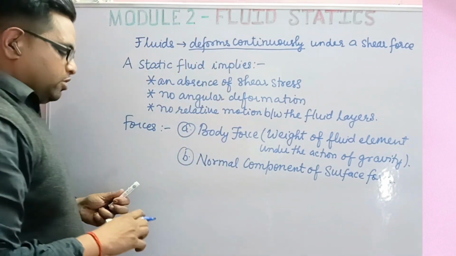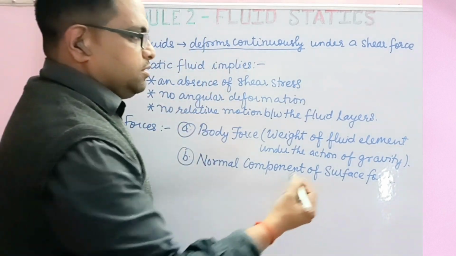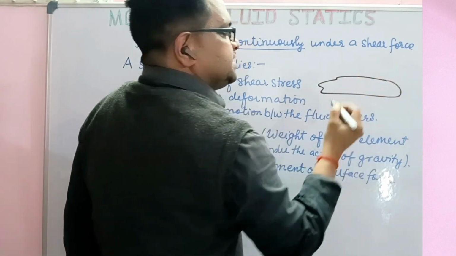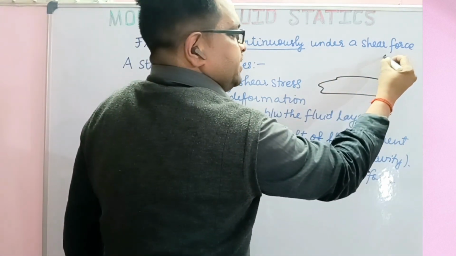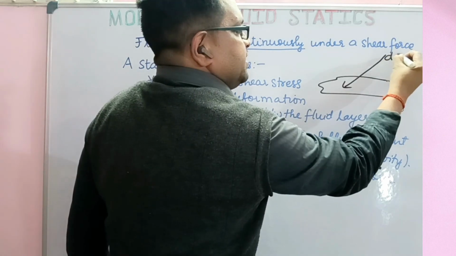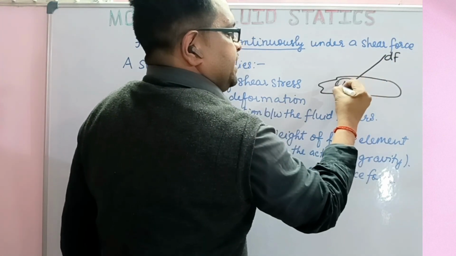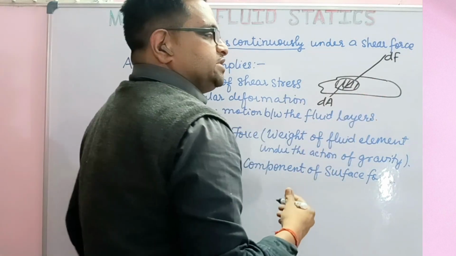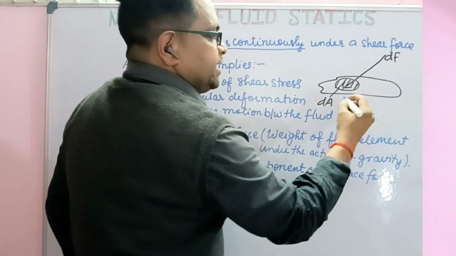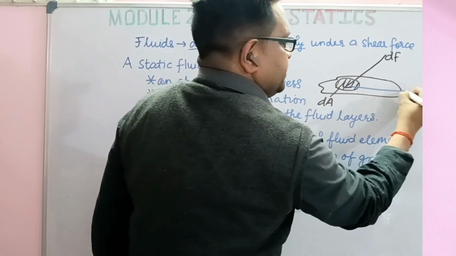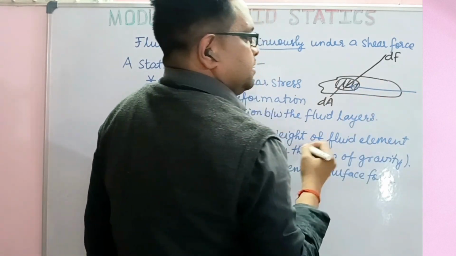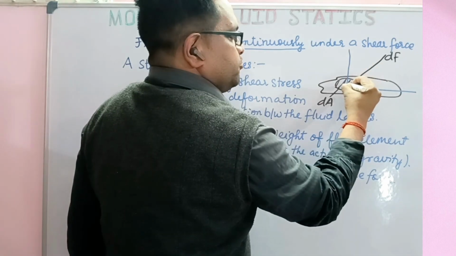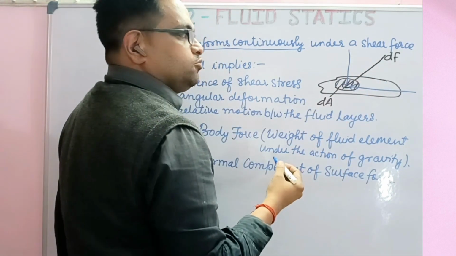If you recall, during our discussion about the fluid definition, we have seen that if this is an arbitrary fluid element and we have a small force, say dF, acting on a small area, say dA, we resolve the force into its two components. The first was the component acting parallel to the surface, and the second was the component acting perpendicularly to the surface.